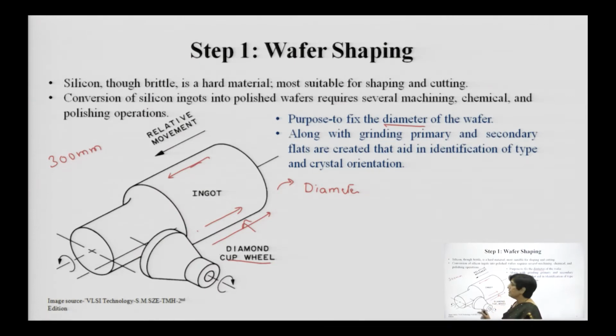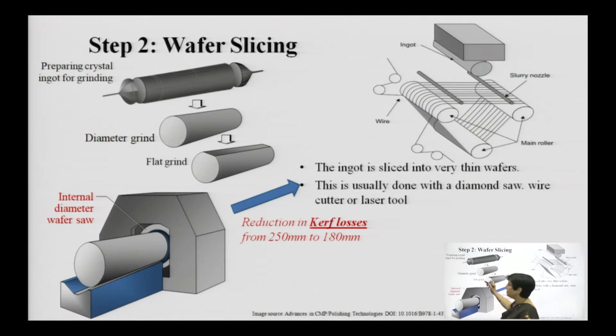Once grinding is done, your ingot is properly made or flat marks are made, then it goes for the next step, and that next step is, now here your ingot is ready. It is the end from where the seed crystal was connected, and the end from where it is being pulled, those edges we have chopped off.